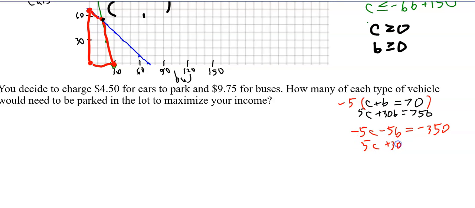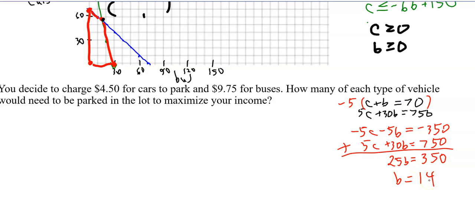It'd be 5C plus 30B equals 750. We're going to add those two up. C's go away. We get 25B equals exactly 350. Okay, divide by 25. B equals, let's see, 25 goes into 350 14 times. So that'd be 4 times 3, which is 12, and 2 more, so that'd be 14, I think.